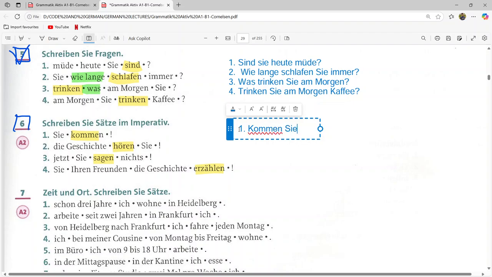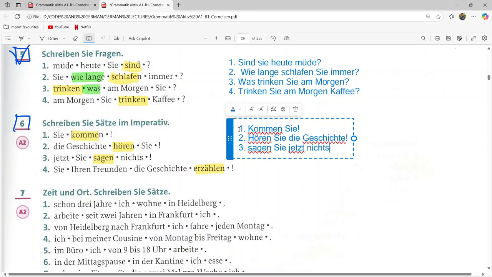Kommen Sie, come. Then the next one, hören Sie die Geschichte, hear the story. Next one, sagen Sie jetzt nicht, don't say anything now.